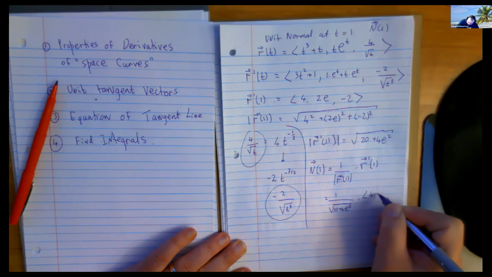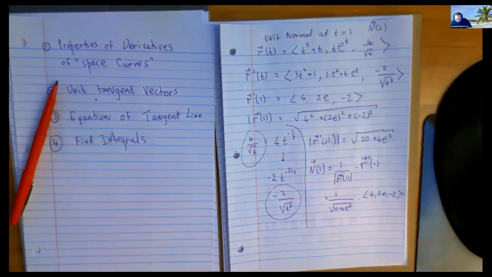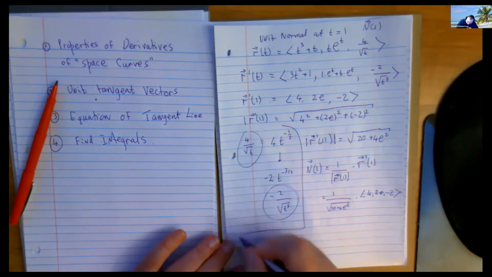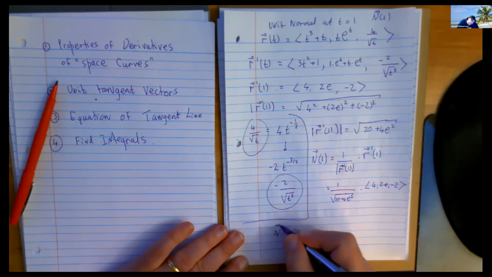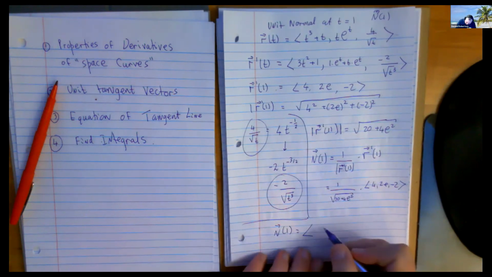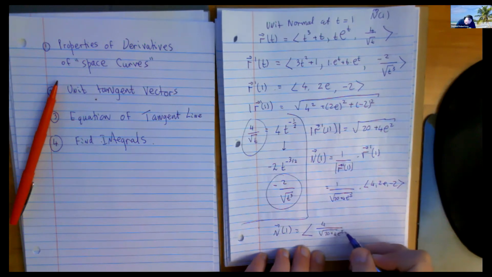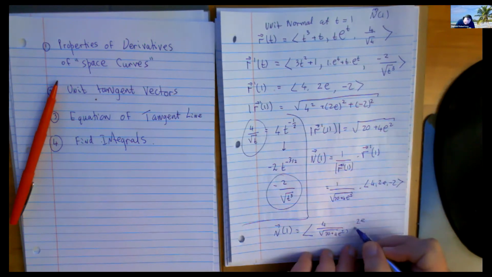And the vector is 4, 2e, -2. And I guess for completeness sake, then I should combine these into a single vector. And now you've got as exact values that answer.